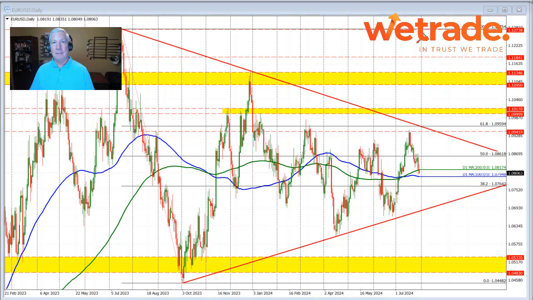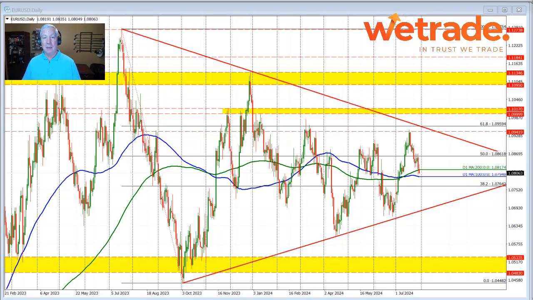We don't often do this, especially in the up and down markets that we've seen lately. But you can see that the high price that we saw in the month of July extended above this high right here, but couldn't get above this high, nor the 61.8% retracement of this move down going back to 2023.